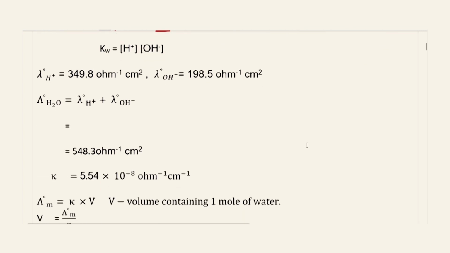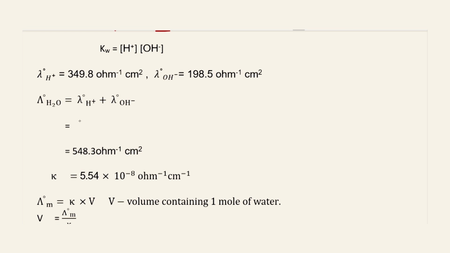Here, you can see the values are provided, and from this we are going to calculate the lambda 0 value for water by summing up the ionic conductance of H plus and OH minus ions.